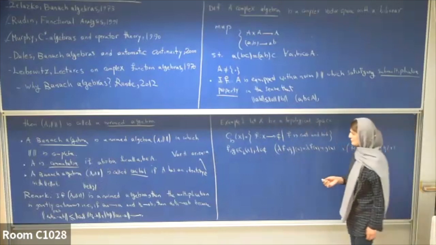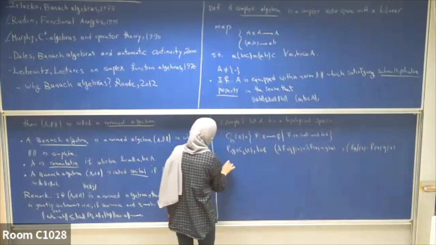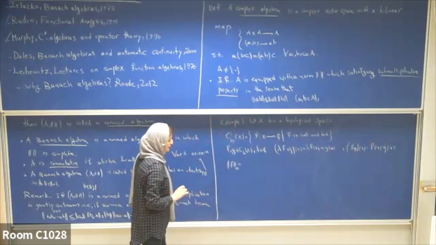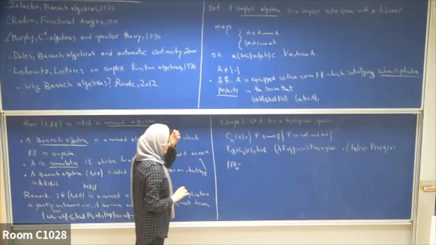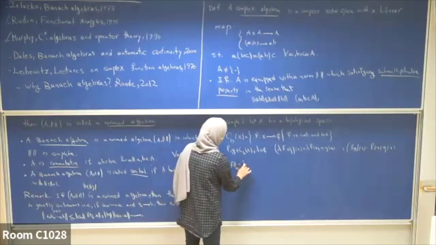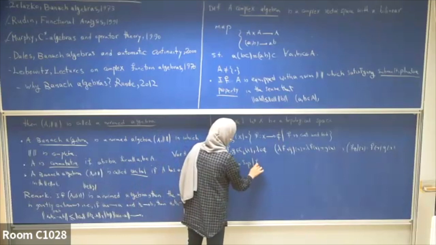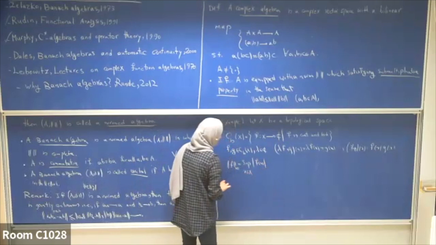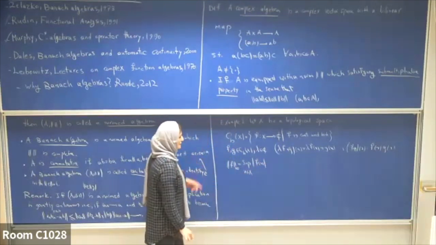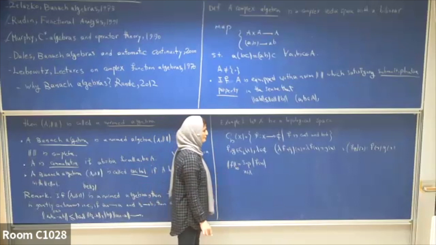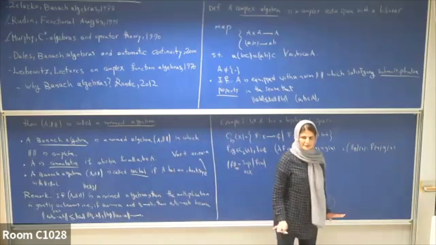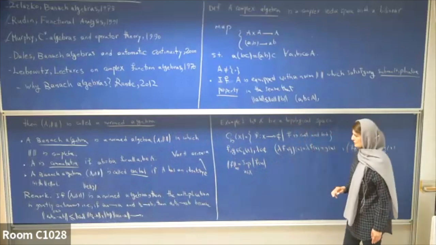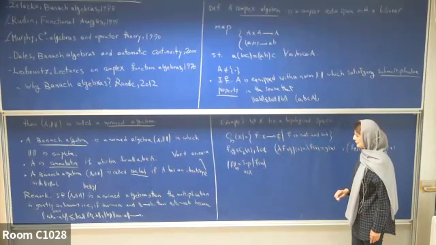And it's easy to see that this is an algebra, a commutative algebra, of course. And the norm we consider here is the sup norm or uniform norm. I think you saw it before in real analysis or maybe functional analysis: the supremum of the absolute value of f(x) over all x in X. And we know that C_B(X) with this norm is a Banach space. And I want to say that the norm satisfies the submultiplicative property, and so we have a Banach algebra.